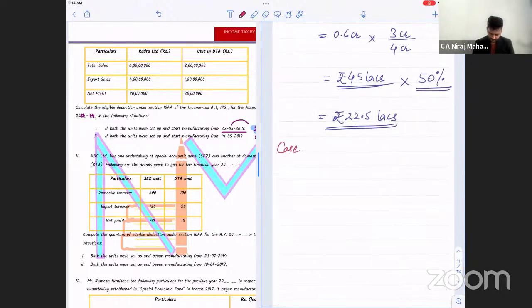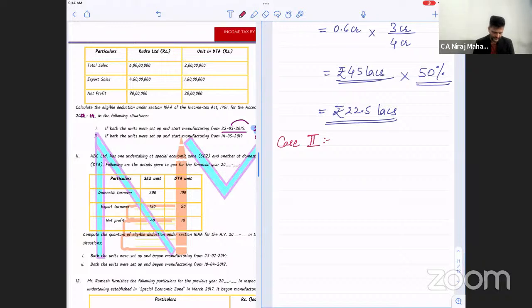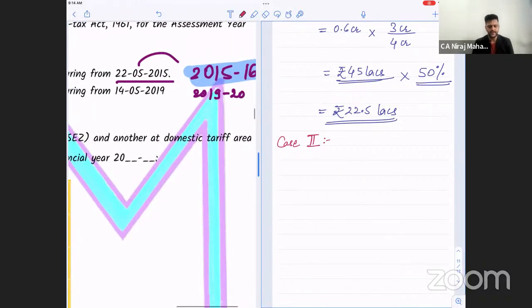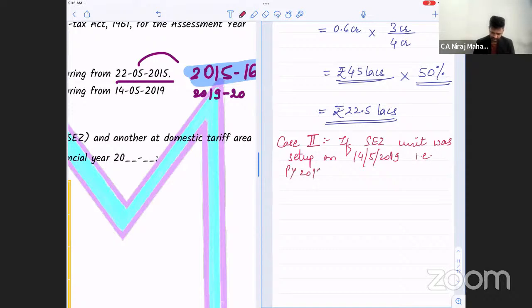Case 2. What is case 2? If the unit was set up in 2019-20. Therefore, 2020, 21, 22, 23.